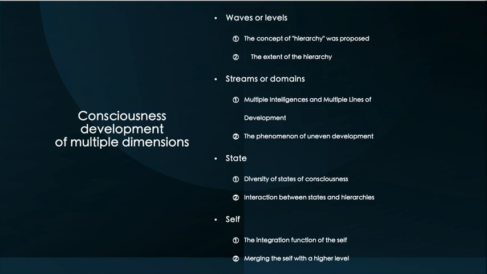First of all, let's talk about the waves and levels. The concept of hierarchy was proposed. Wilber draws on a variety of traditions, such as the Great Chain of Being and modern studies of developmental psychology and transpersonal psychology, to argue that consciousness has a series of levels from simple to complex, from limited to more integrative.